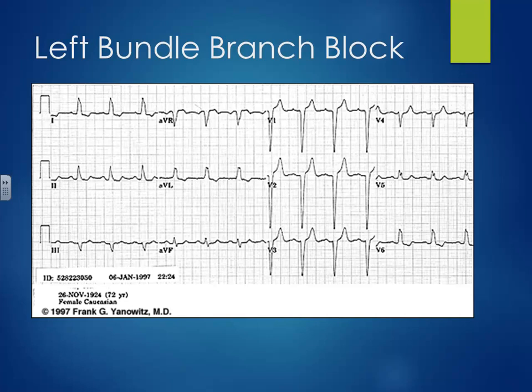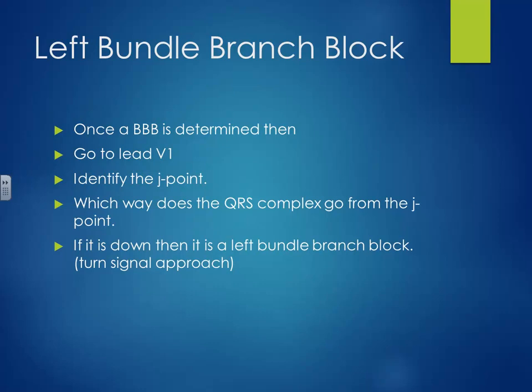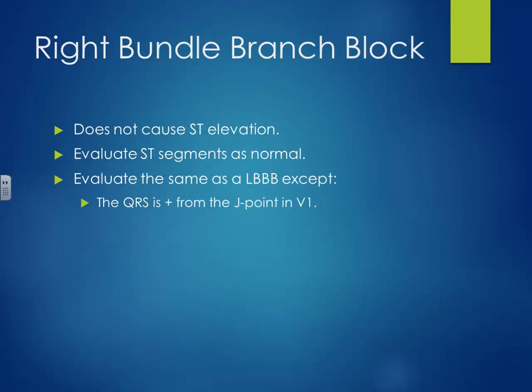What do you notice about the QRS here? It's down, right? Go to lead V1, identify the J point. Which way does the QRS complex go from the J point? If it's down, it's a left. If it's up, it's probably right.